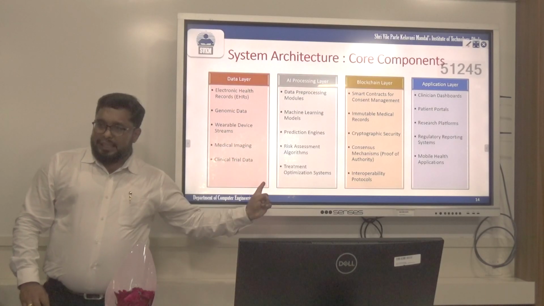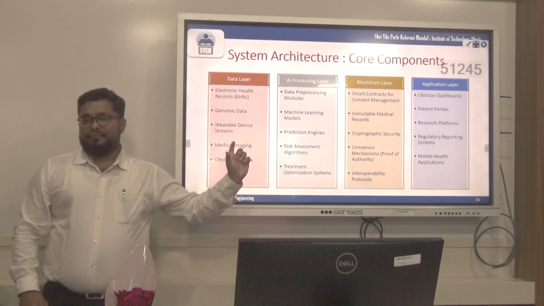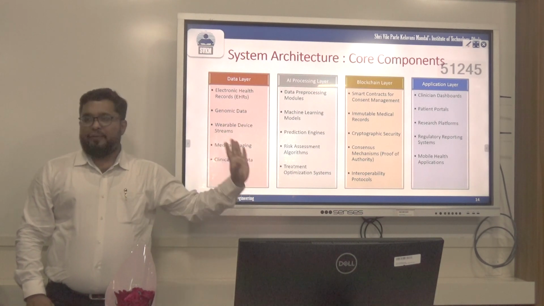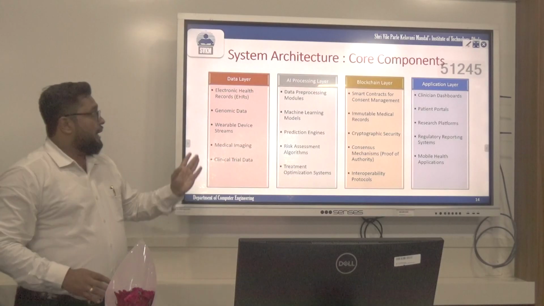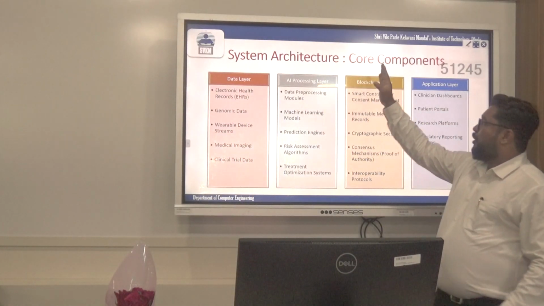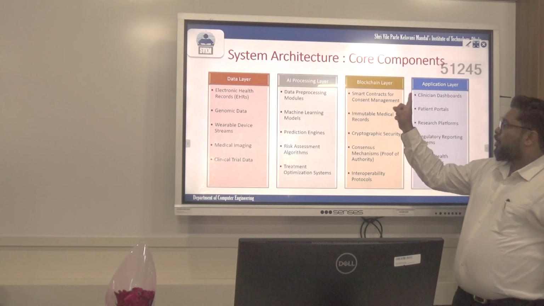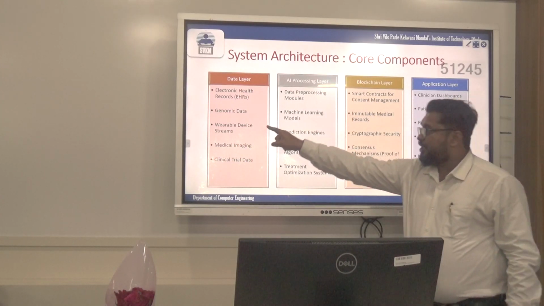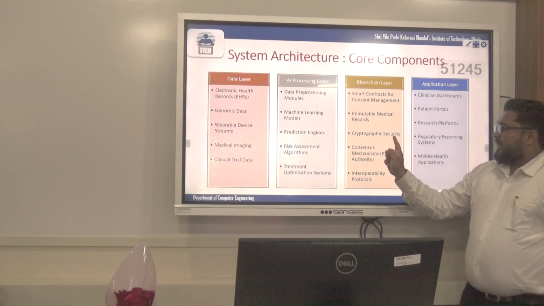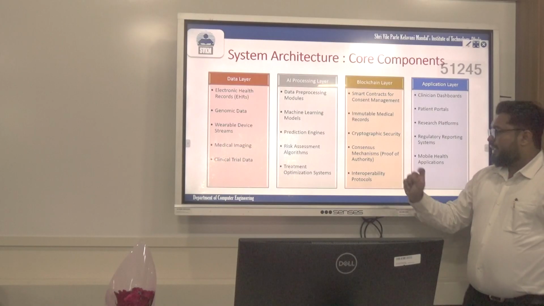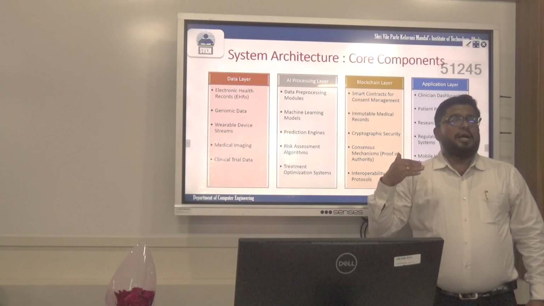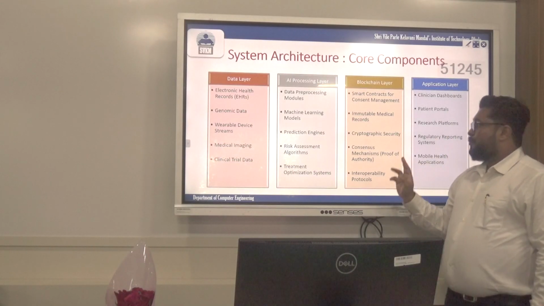If anything is missing, it creates a problem. Nowadays all these five data types are available and you have to collect them. After collecting, we store it in a blockchain using smart contracts for consent management of the patient, immutable medical records, cryptographic security, a consensus mechanism, that is proof of authority, and interoperability of protocol, that is exchange of data between two systems.